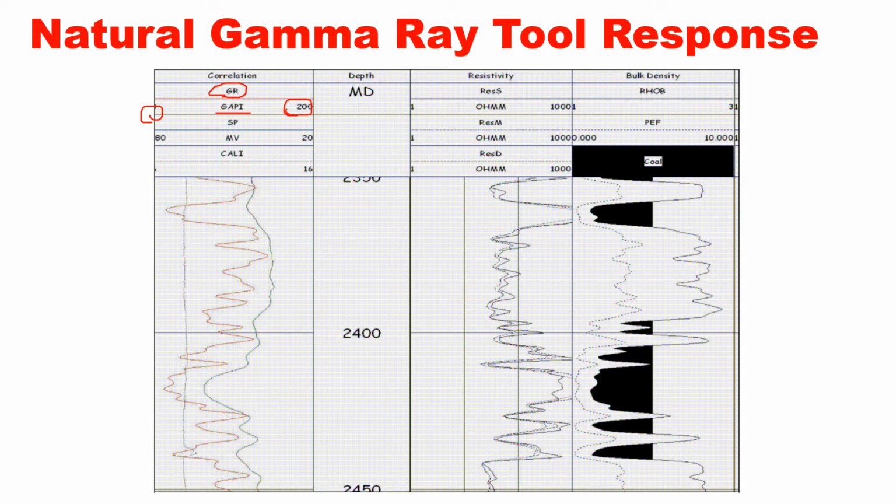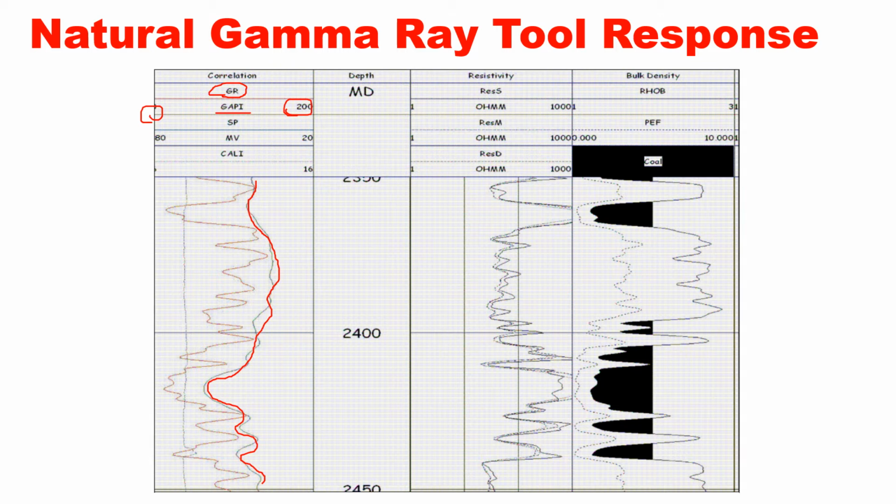You can see this is the line. So the gamma ray measurement is interpreted as follows: high readings are shales and low readings are potential reservoirs.